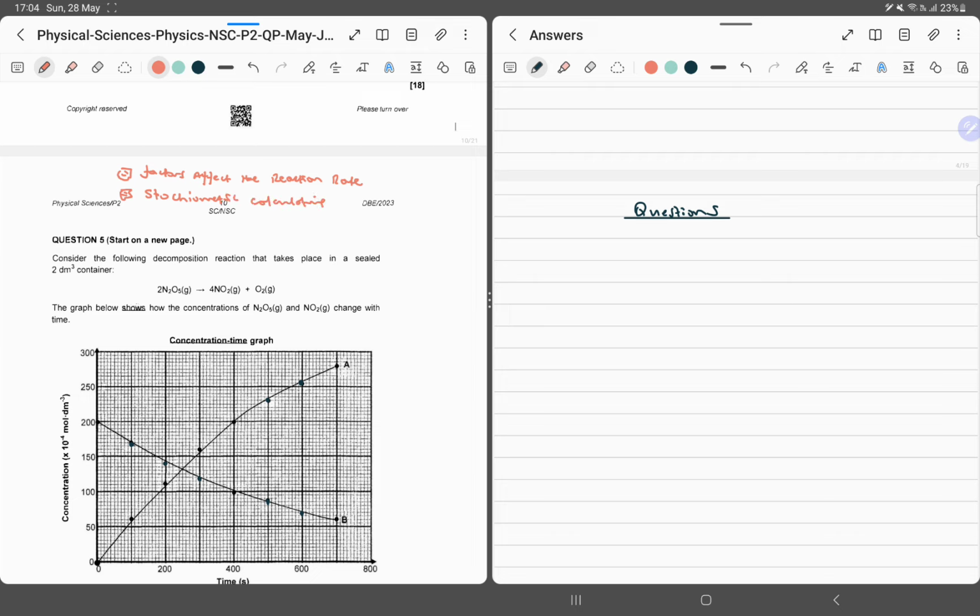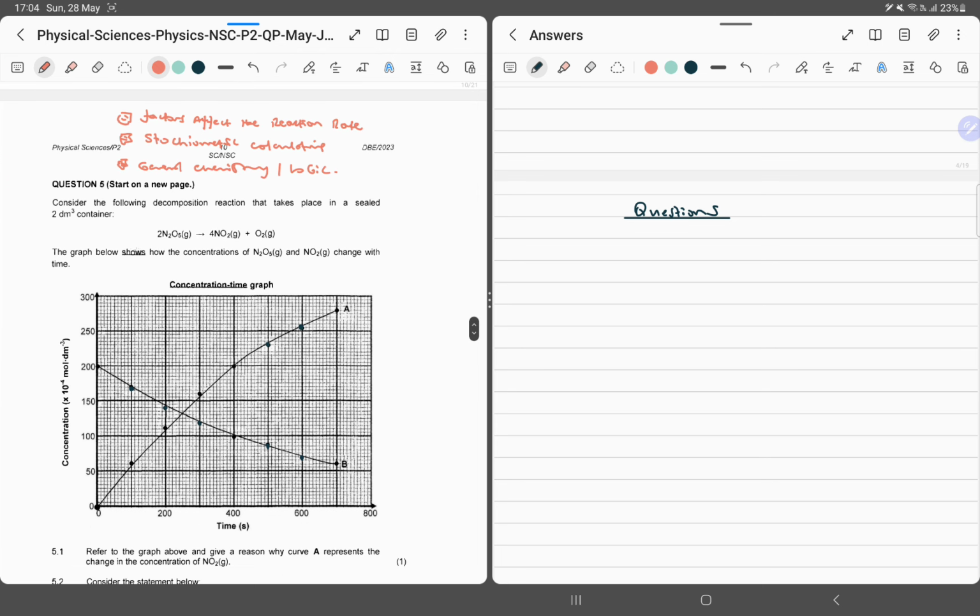Okay, know all of those things. They're very important. And then, of course, just general chemistry. You may need a bit of logic, because maths is applied in here, so it's a logical question as well. So this is some of the things you might want to think about when you're dealing with this one.